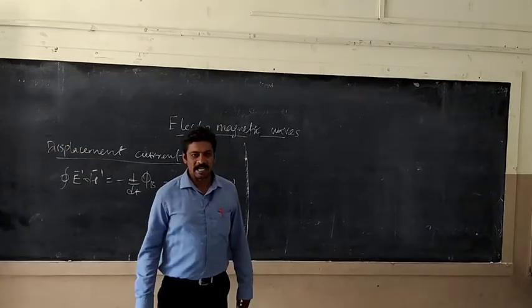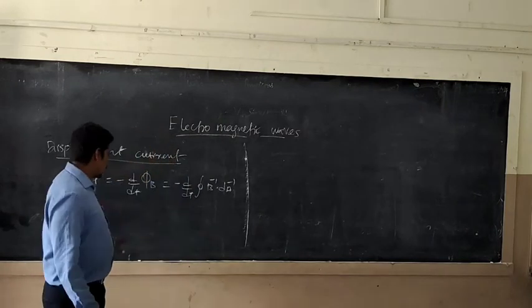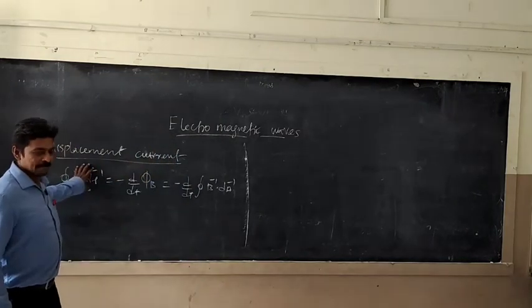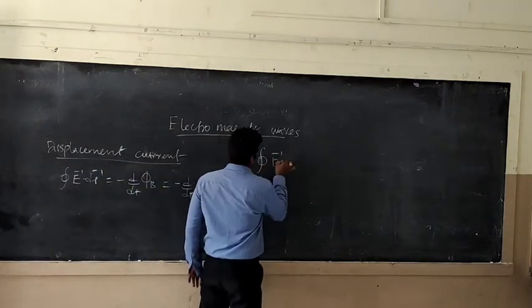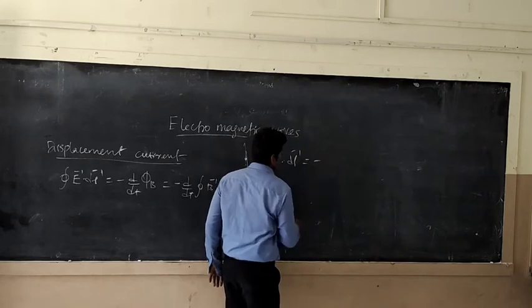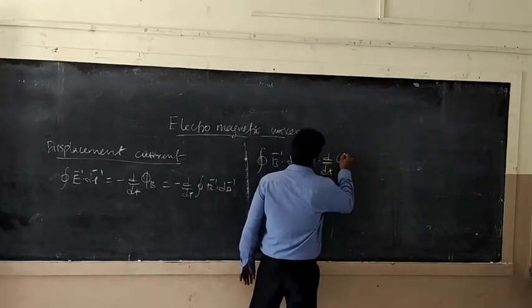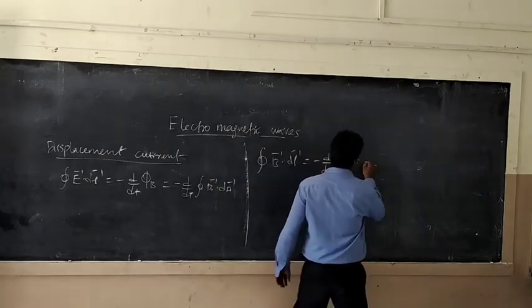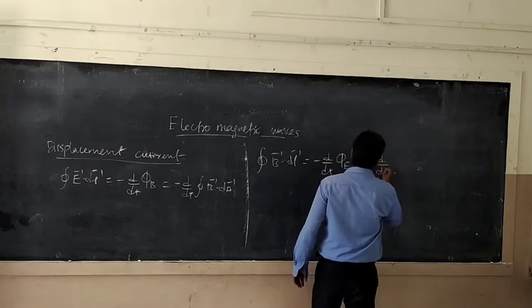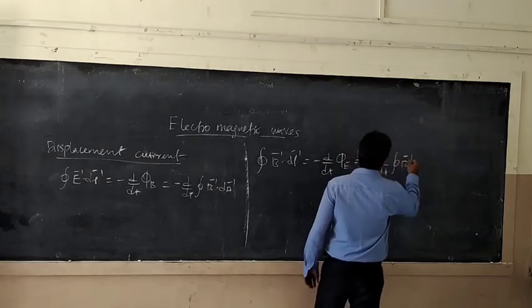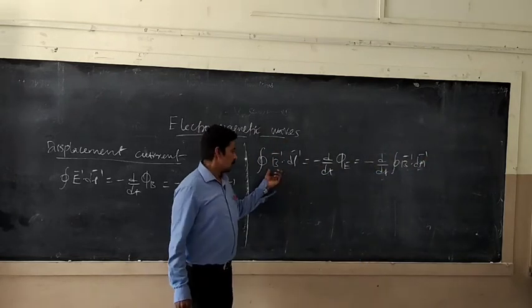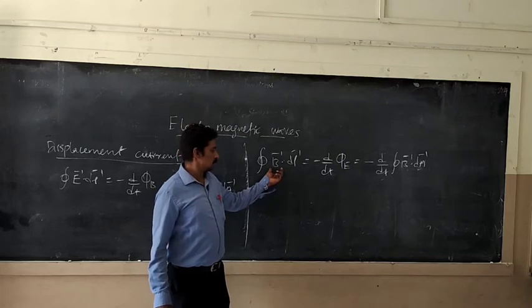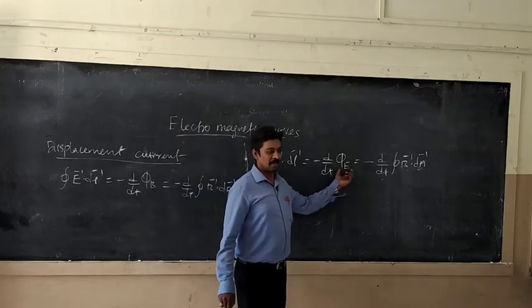James Clerk Maxwell asked about the converse of this derivative. Closed integral B vector · dl vector is equal to minus d by dt of phi_E, which is equal to minus d by dt of closed integral E vector · dA vector. What do we understand from this? A magnetic field is produced by a changing electric field.